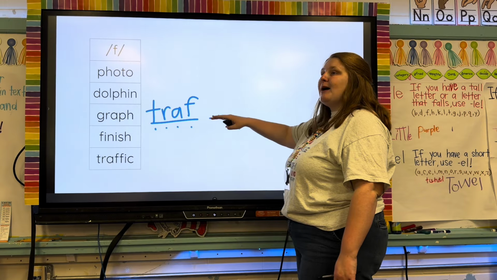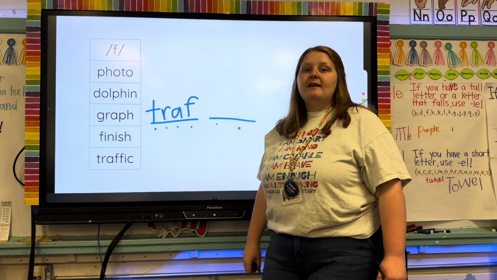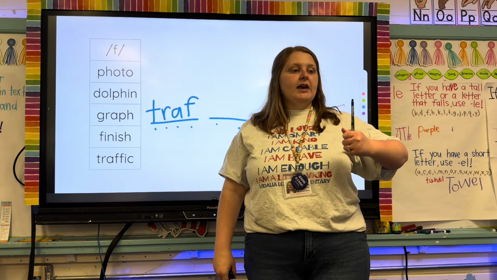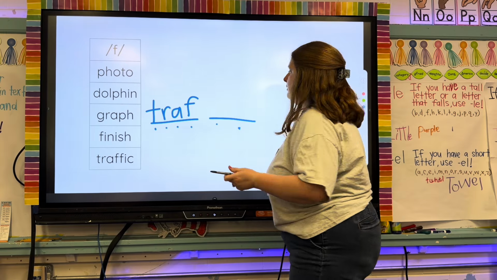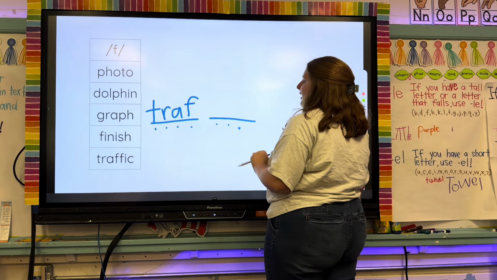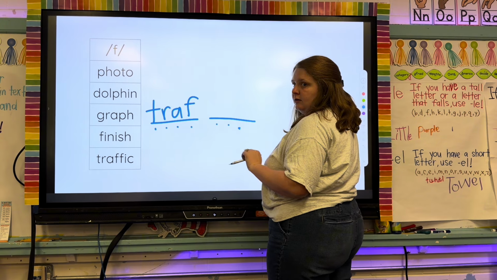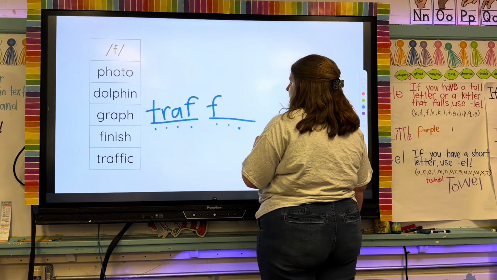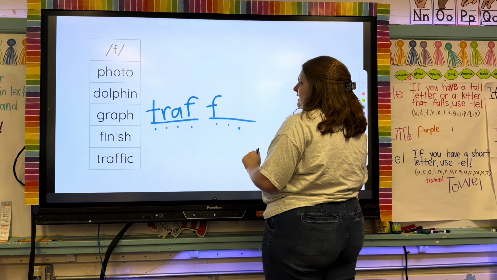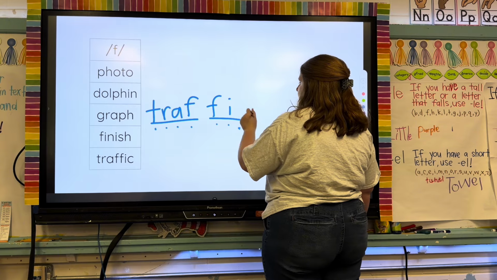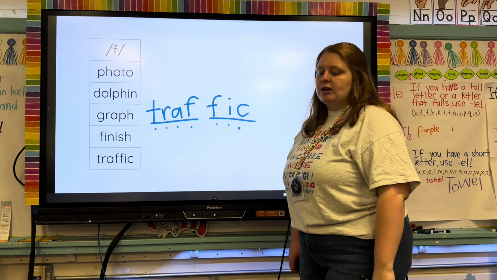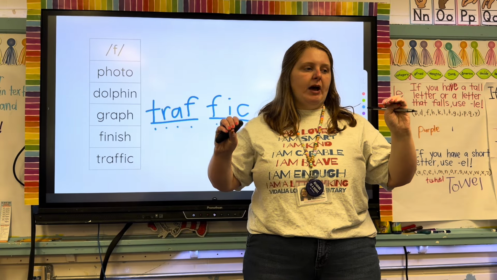So, what is my second syllable? Fit. Pound it. Fit. How many? 3. How do I spell the vowel? How do I spell K? C. And now this is another one of those questions that I want you to really think about.